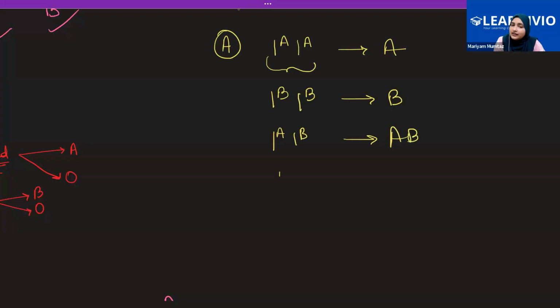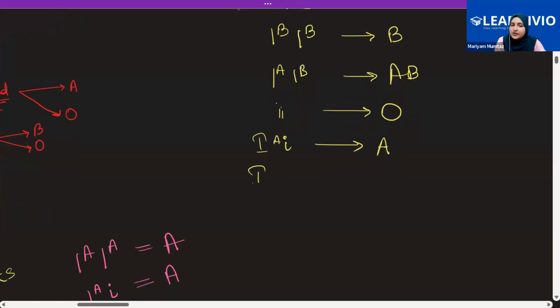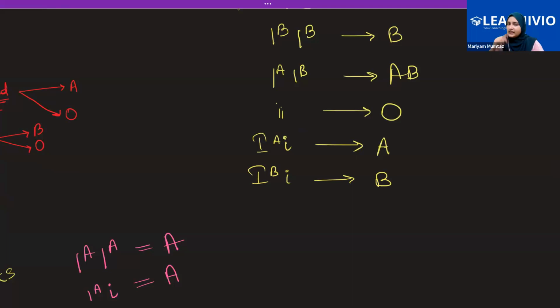And when there is no antigen at all, small i small i, this is going to be the blood group O. But if you have the IA i condition, then A is going to be dominant and A will express it. Understood? And when it is IB i, then B will express. This is clear?